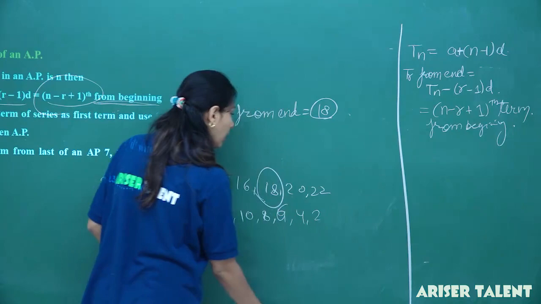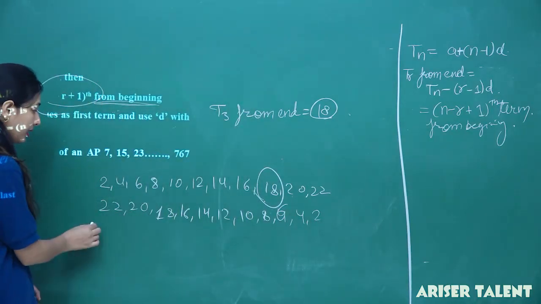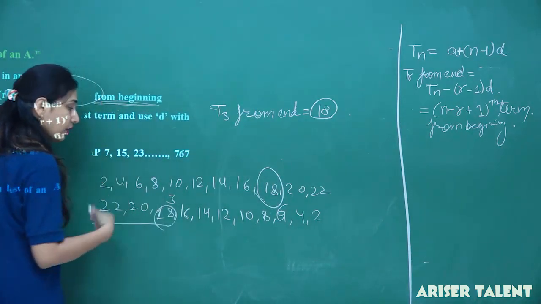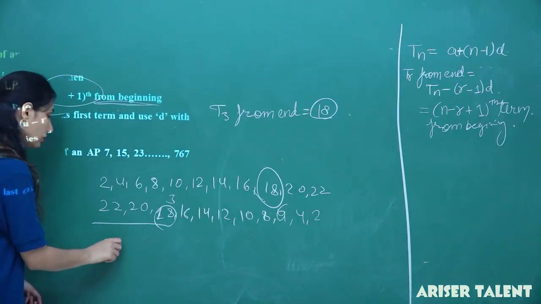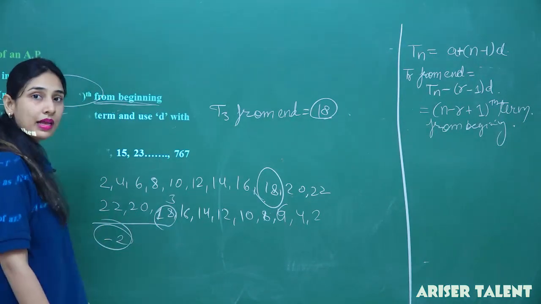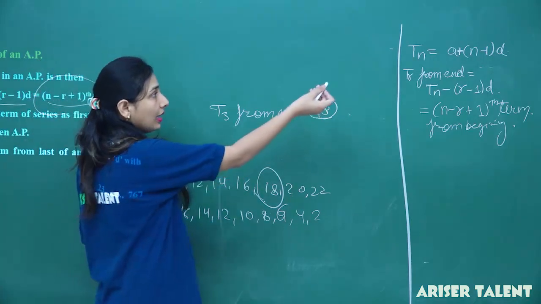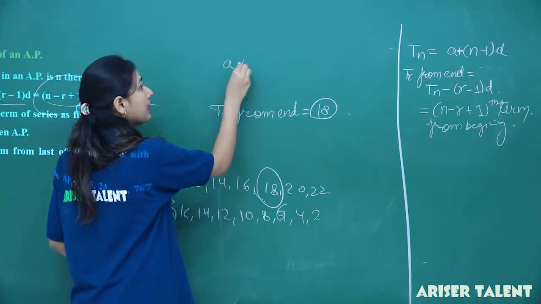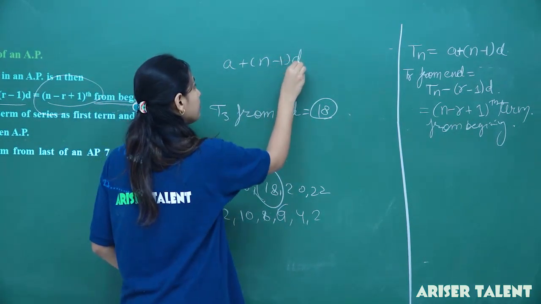So from here, the third term is this. What is the difference here? Minus 2. So I can easily apply the formula a plus (n minus 1)d here.